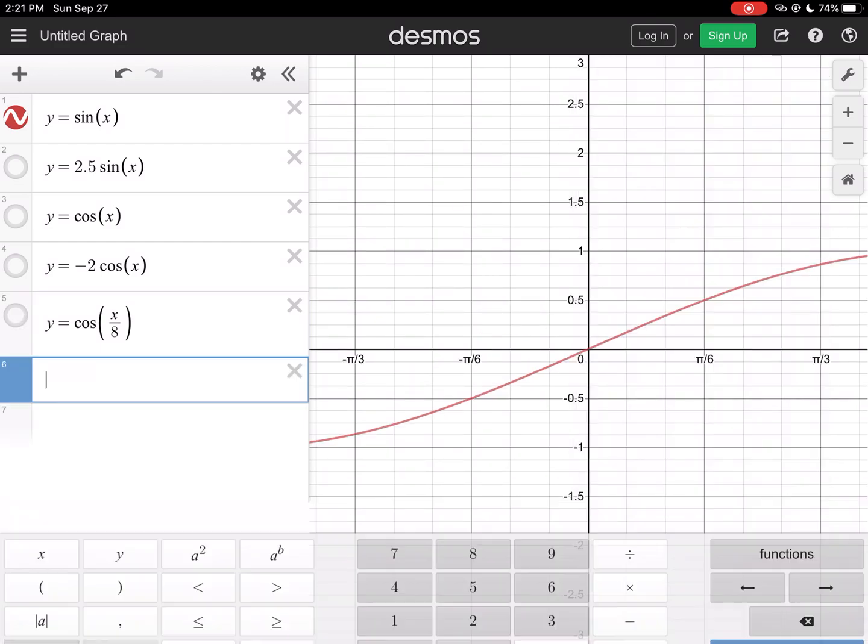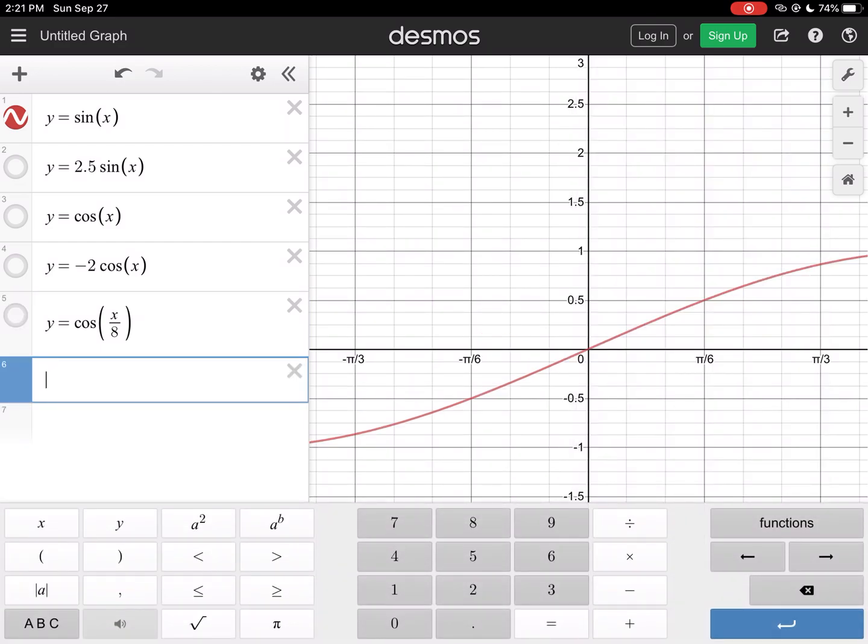Now let's graph our function. So we're going to say y equals 2, parentheses, and we're going to go, whoops, forgot my sine. That's kind of important.